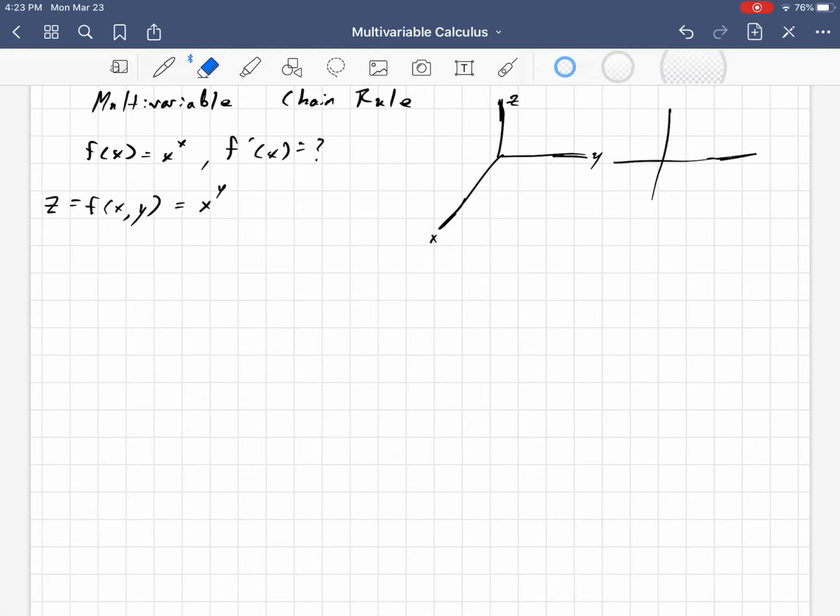We have an x and we have a y. Those are independent, and then they go to a z. How can we get to the z? Well, we can either start at x and go to z, or start at y to go to z. There's a finite number of combinations there.